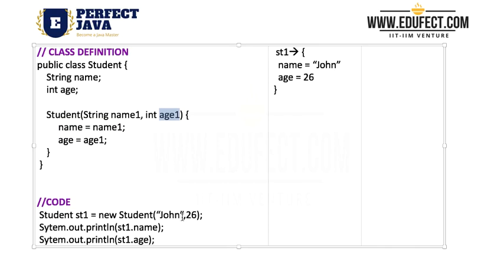Similarly, age1 would have been 26, the second parameter we are passing, so age is equal to age1, which means age would have gotten the value 26. So this is what st1 would be. And when we say system.out.println st1.name, what will get printed is John. And when we say system.out.println st1.age, 26 would be printed on the screen.